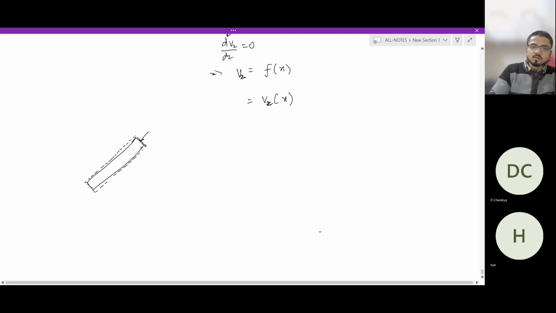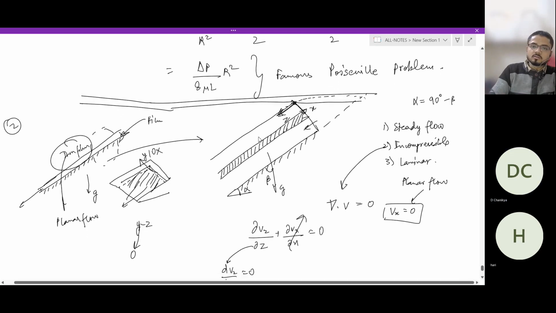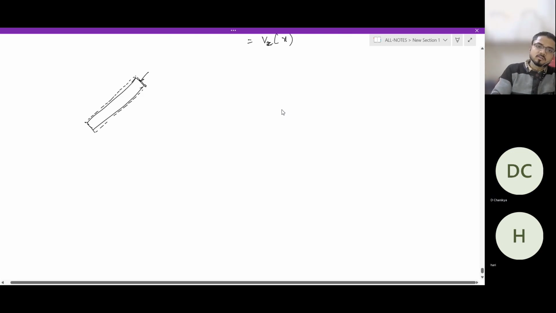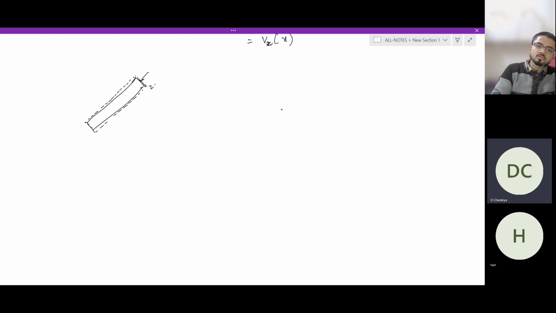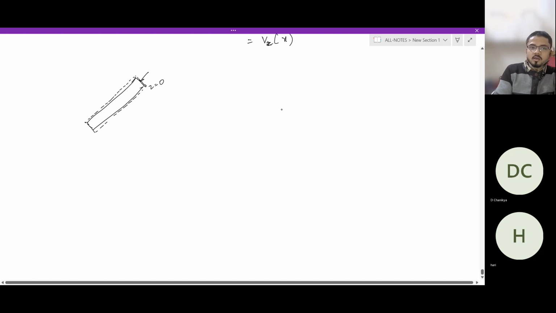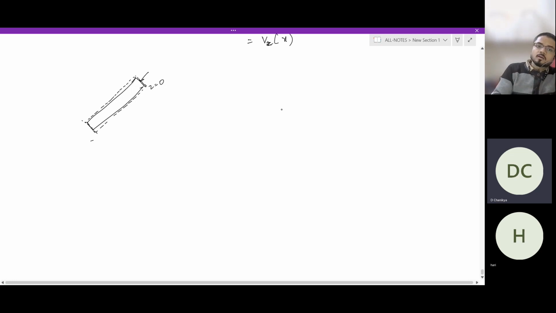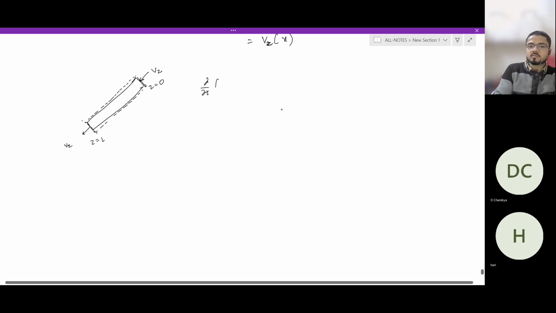Taking your coordinate right here is a good choice because you can write this part as z equals 0, and this part as z equals L. So here you have Vz, and here you have Vz. Now, del by del t of the change in momentum, since this is a steady state problem, becomes 0.